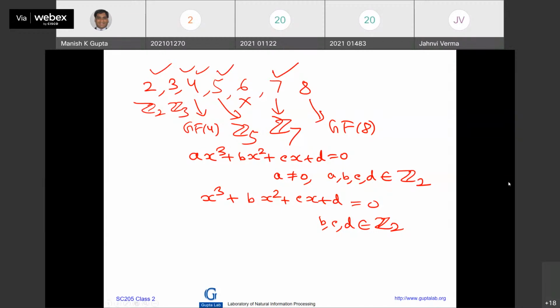So let me write down all the equations. X cube plus x square plus x plus 1 is equal to 0. X cube plus x square plus 1 is equal to 0. X cube plus x square plus x is equal to 0.